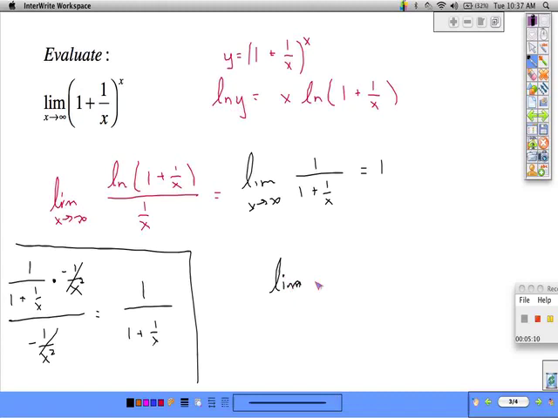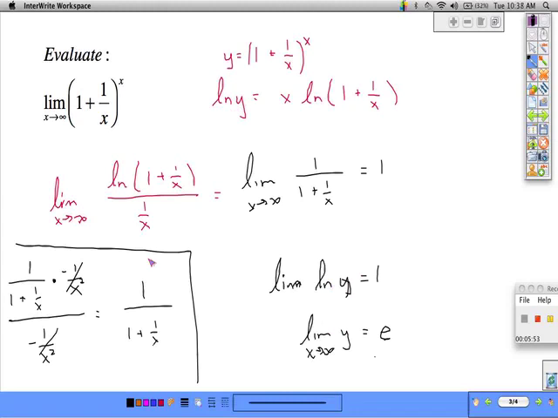So if the limit of the natural log of y was equal to 1, that means the limit of y, our original expression 1 plus 1 over x to the x, as x goes to infinity, is equal to e. So as x goes to infinity, this expression gets closer and closer to the value of e.